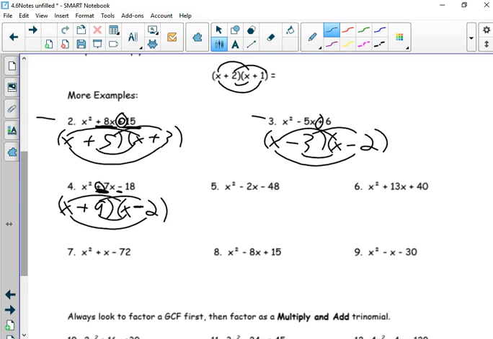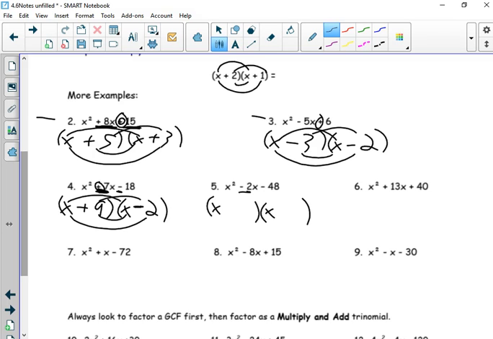So please check. This one's a little bit different because this time we have negatives left over. We want more negatives than positives. X, x. Now I need two numbers that multiply to give me 48. And this is where you might need to take out a calculator and do some real quick. 48 divided by 2, divided by 3, divided by 4, divided by 5.